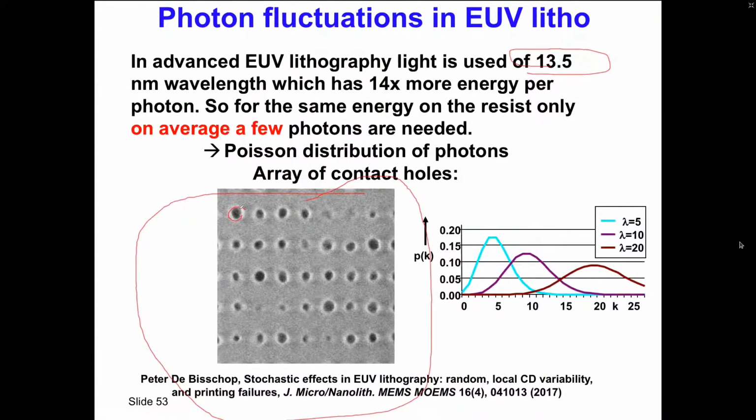This is a contact hole over here. But if you print this with an EUV machine, then the EUV photon has 14 times more energy than the regular one, because that is simply seen from the ratio of 193 nanometer wavelength to 13.5 nanometer.